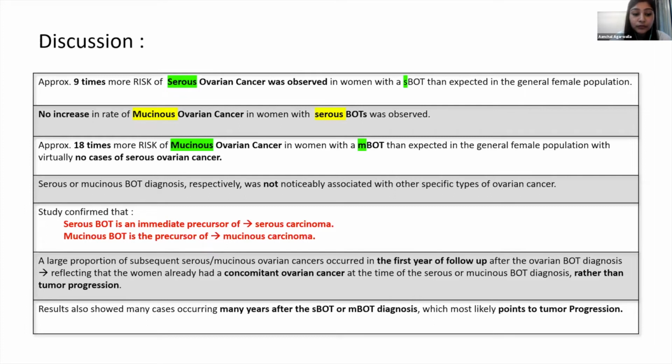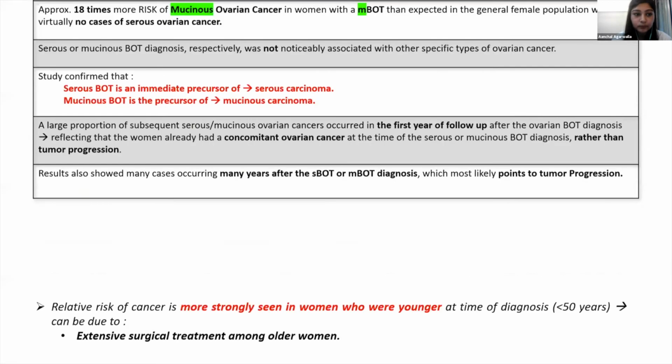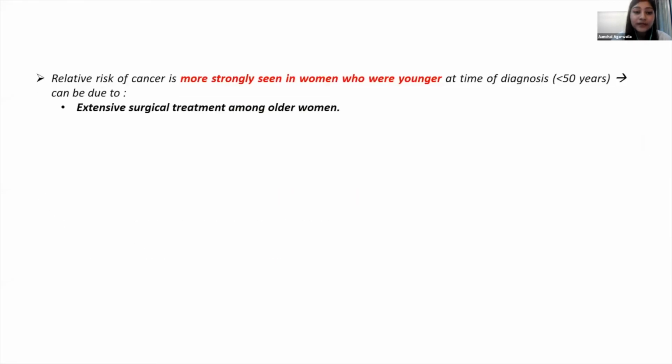Results also showed that there were many cases occurring many years after the serous borderline tumor, which most likely points to tumor progression. The relative risk of cancer is most strongly seen in women who were younger at the time of diagnosis, which can be due to extensive surgical treatment among the elder women.